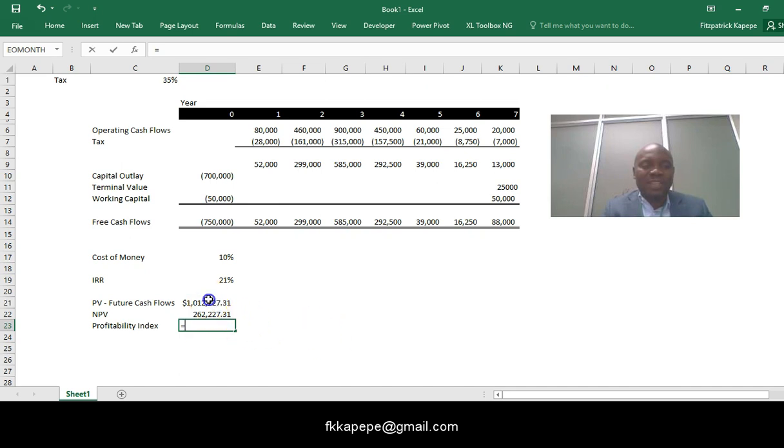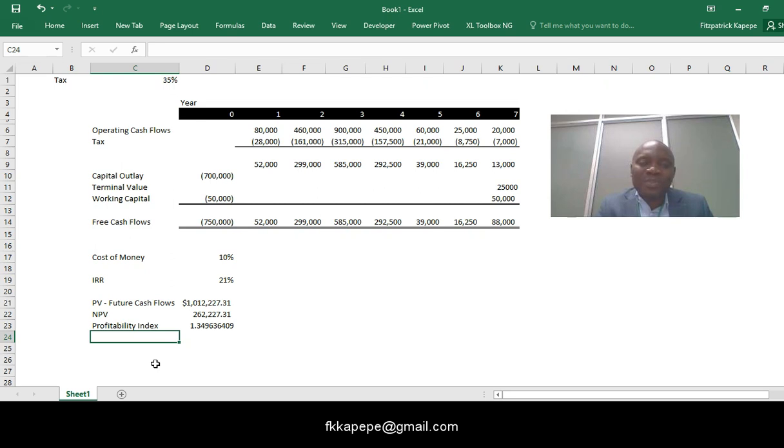So we'll pick the present value there, divided by minus this. It will be relevant in some way to compute your profitability index and the NPV.